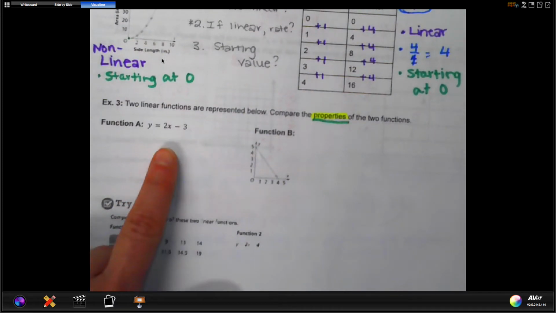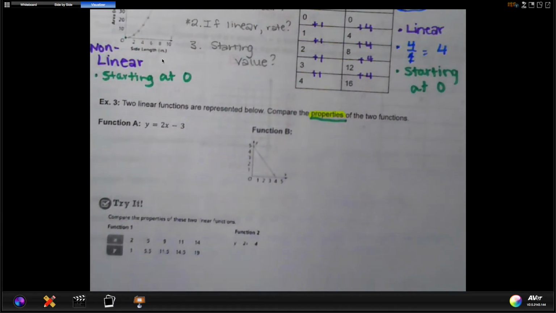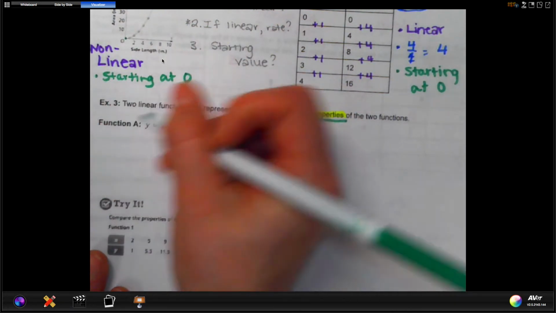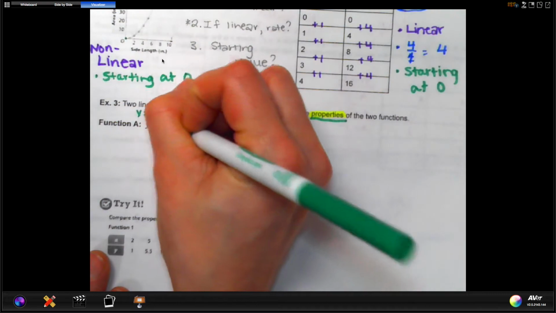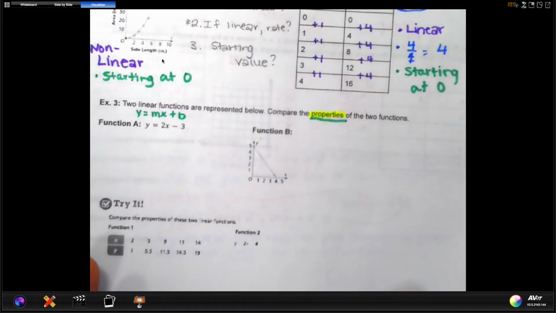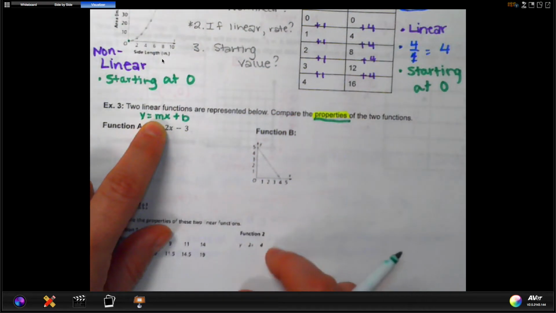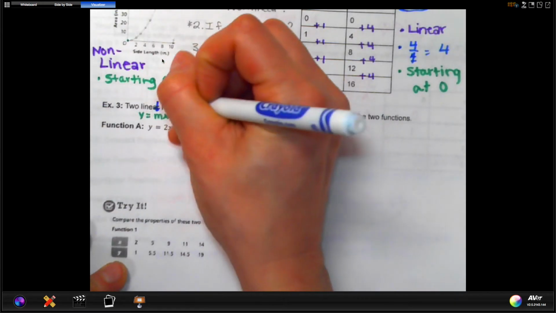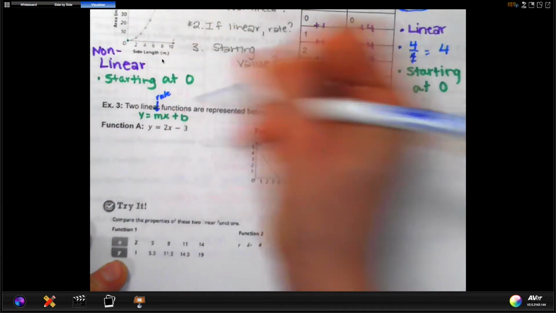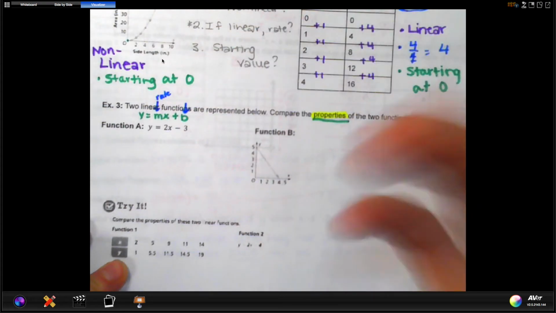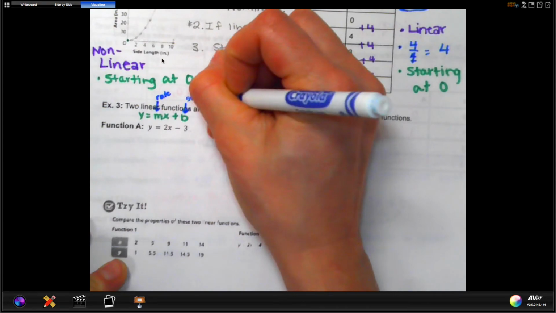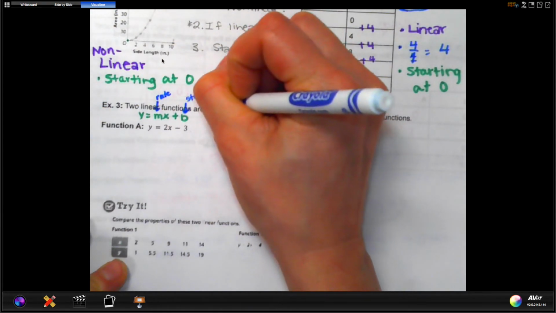So in an equation, let me remind you from last chapter what is what. So remember, we used y equals mx plus b last chapter, where m was our slope, and in this case, we call that a rate, so our slope or our rate is m, and b is our y-intercept, that's also known as our starting amount, or initial value.